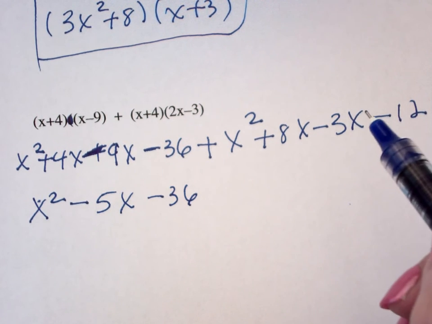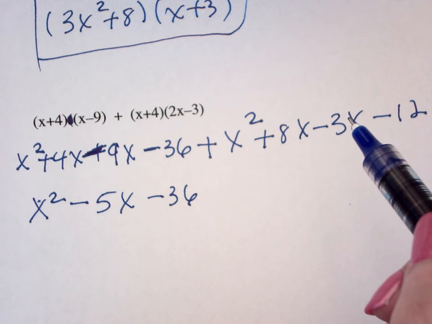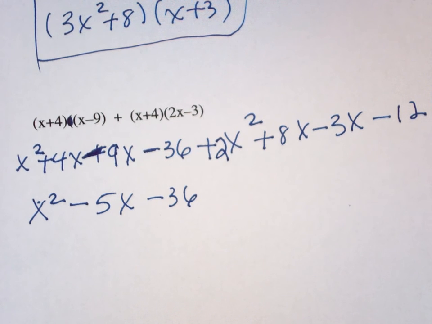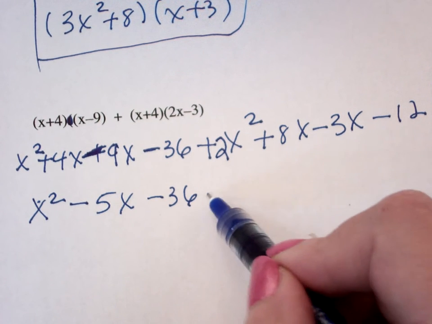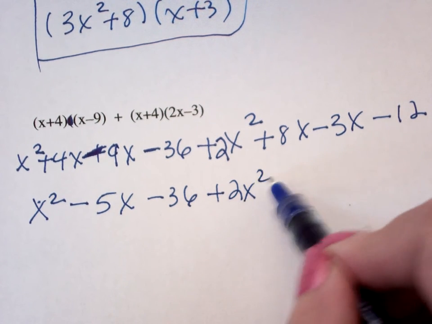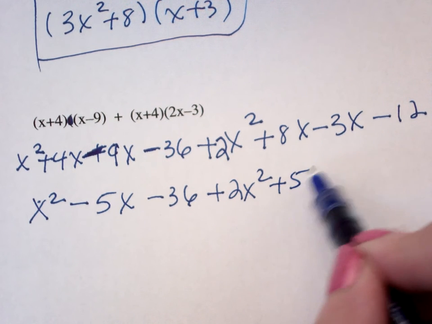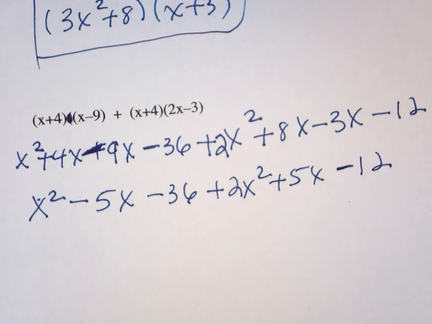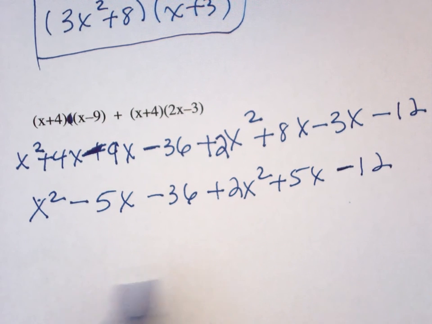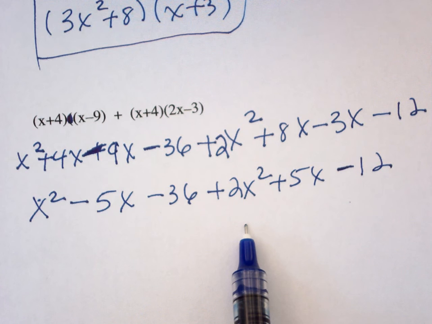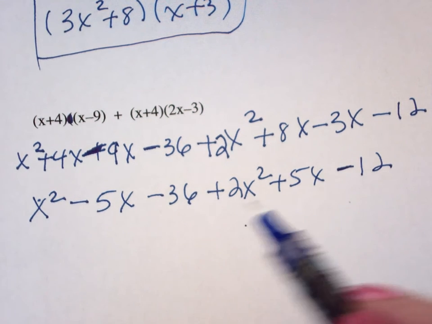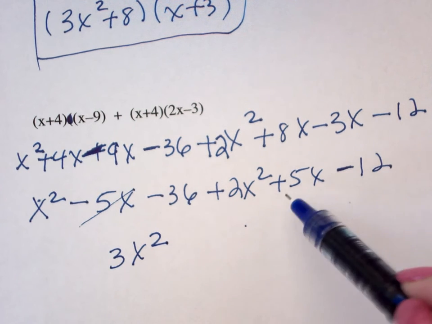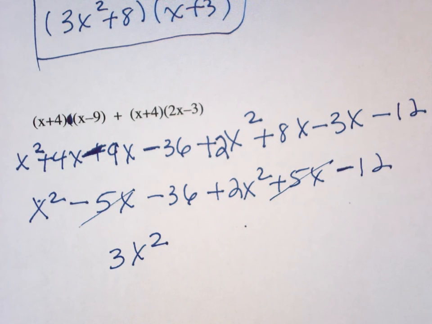2x squared. I did that first hour as well. 2x squared, and then that's going to be plus 2x squared plus 5x minus 12. 1x squared plus 2x squared, 3x squared, minus 5x plus 5x adds to 0.